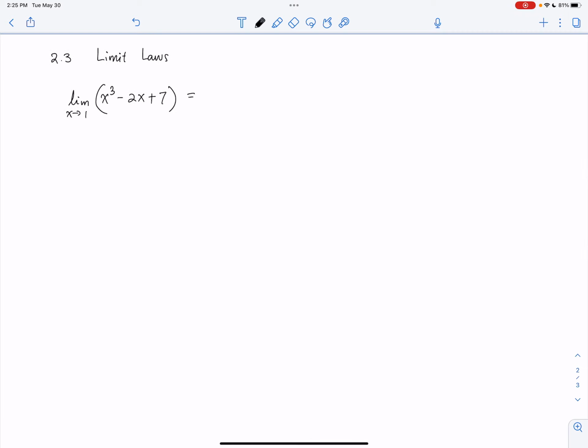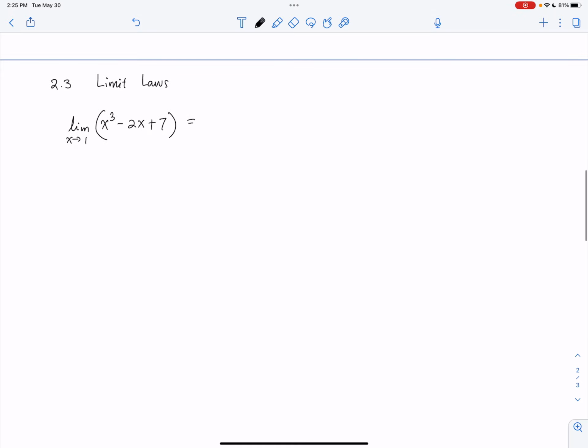All right, you want to know the limit of that term when x is getting closer and closer to 1. So you can just do the limit of each component. Minus 2 times the limit of x, plus 7.